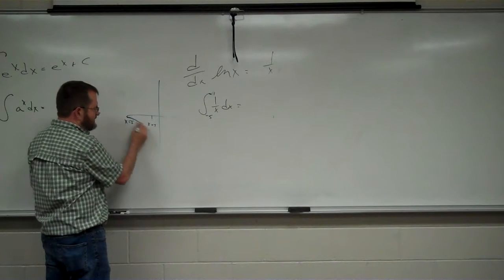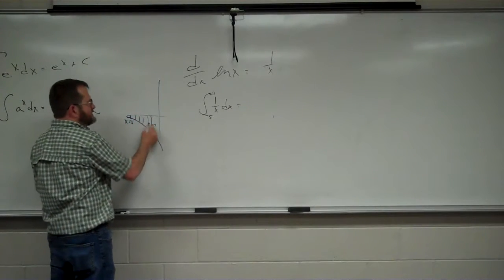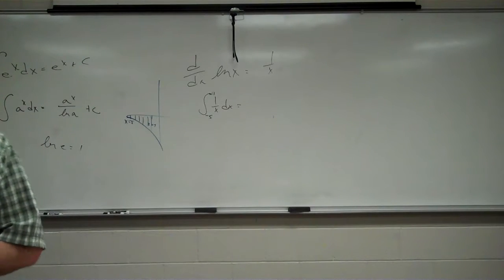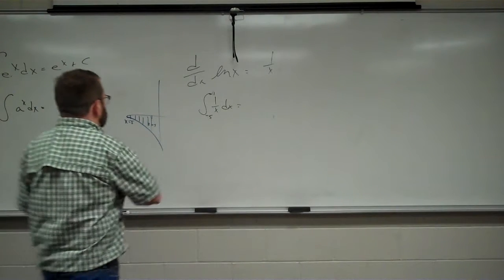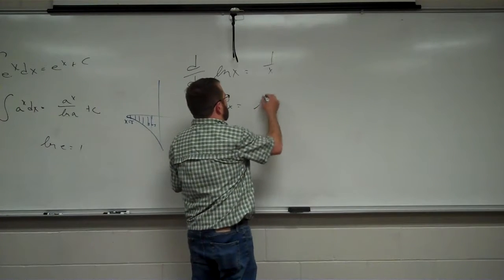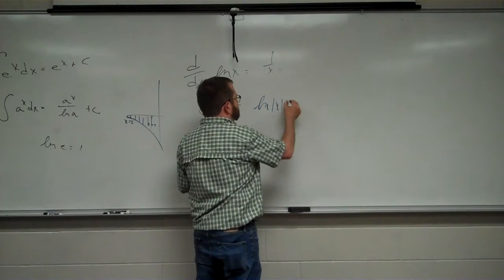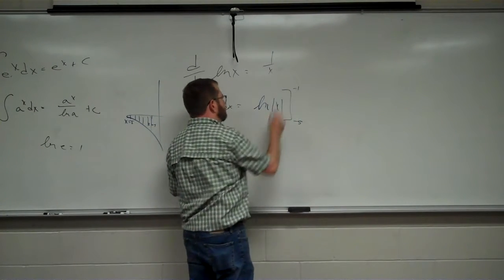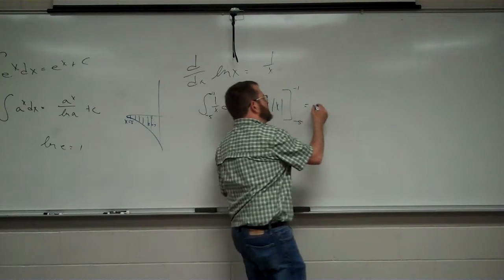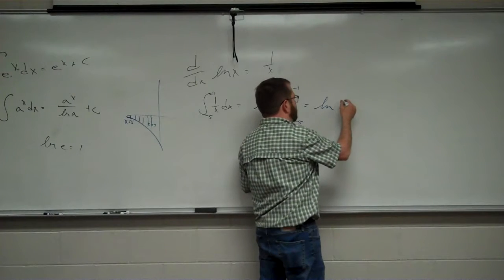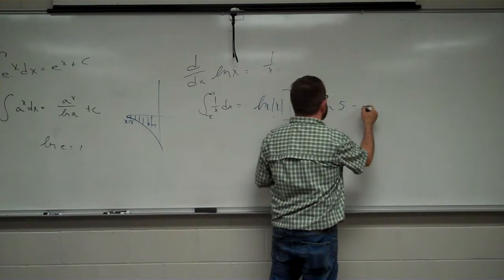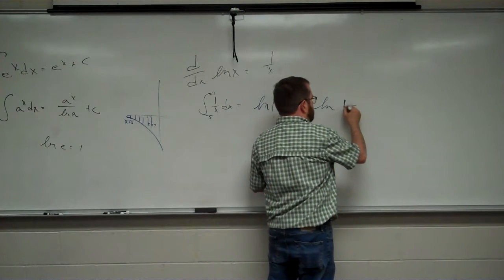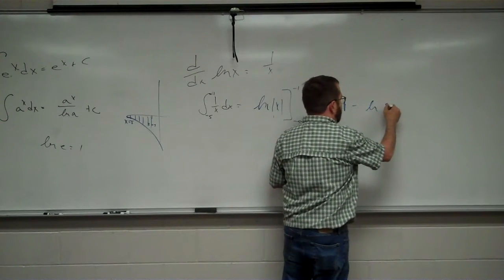It's going to be some kind of area like this. It is going to be equal to the log of the absolute value of x evaluated from negative 5 to negative 1. So that's going to be the log of 1 minus the log of 5.